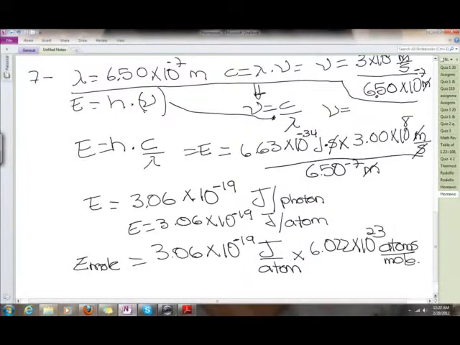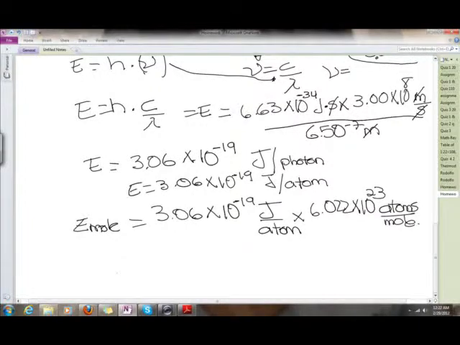And so what do we have here? We have that the energy per mole is going to be equal to 1.84 by 10 to the 5th joules per mole.